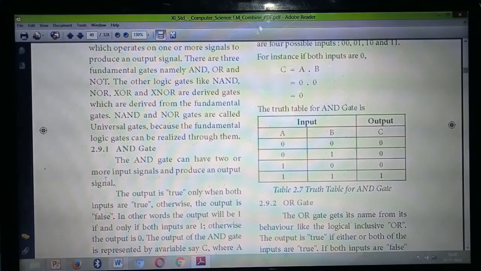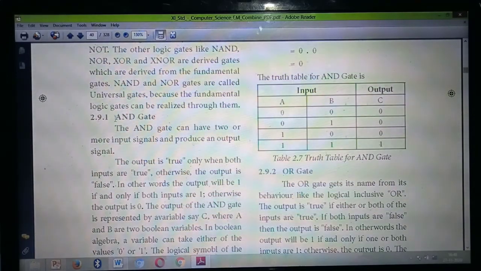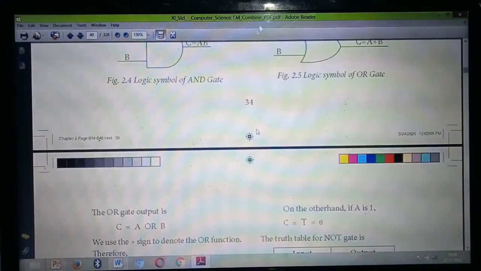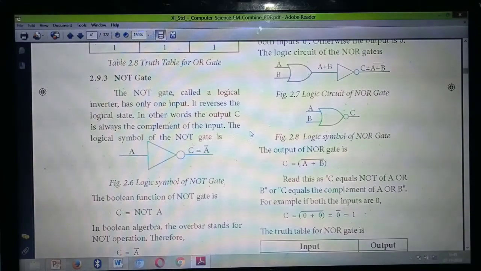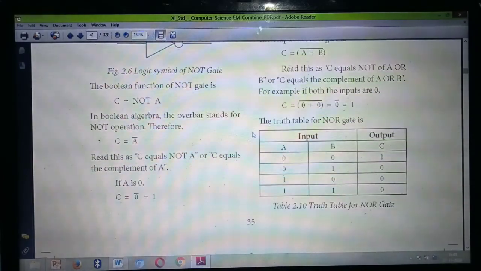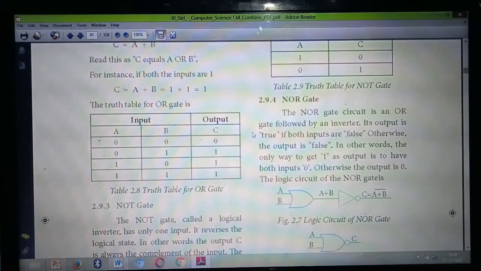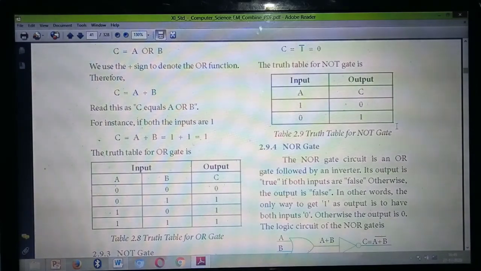Then from here, AND gate. Then on the next page, OR gate, till the next page, NOT gate, till page number 35, NOT gate.